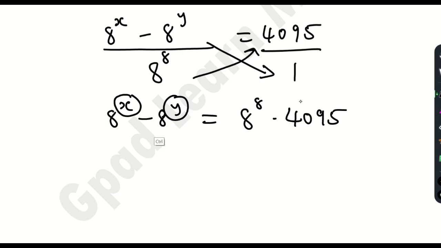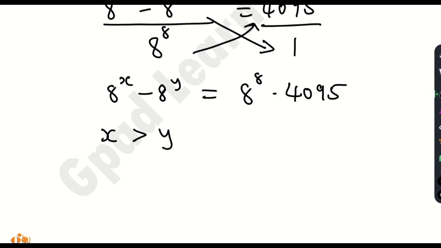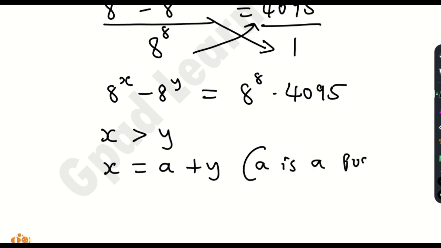So we can decide to write it by saying that x is greater than y. If x is greater than y, it has to be greater than y by a positive number. So I can decide to write x as equal to a plus y, where a is a positive number.